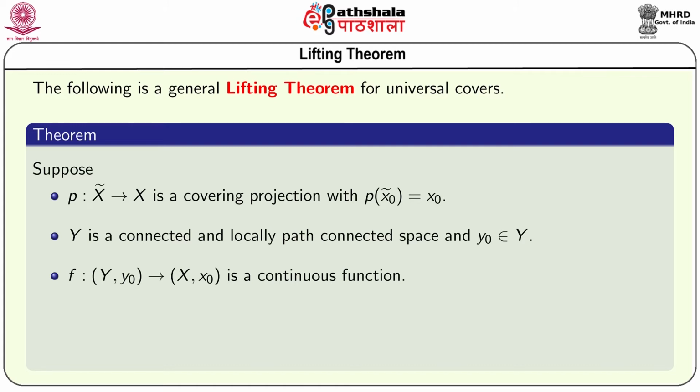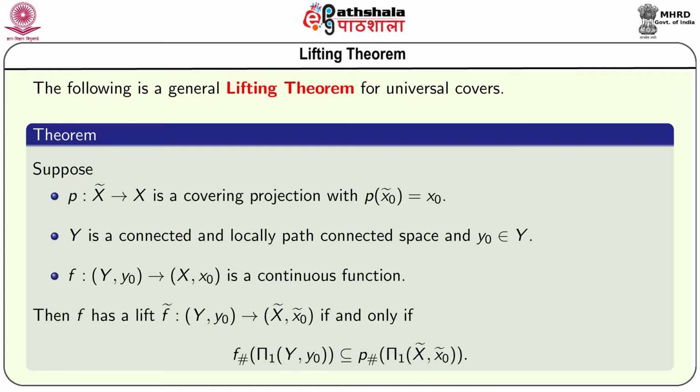Then that continuous function f has a lift f tilde from Y to x tilde which sends y0 to x0 tilde if and only if the corresponding induced homomorphism f sharp takes the fundamental group pi 1 of Y based at y0 inside p sharp pi 1 of x tilde based at x0 tilde.